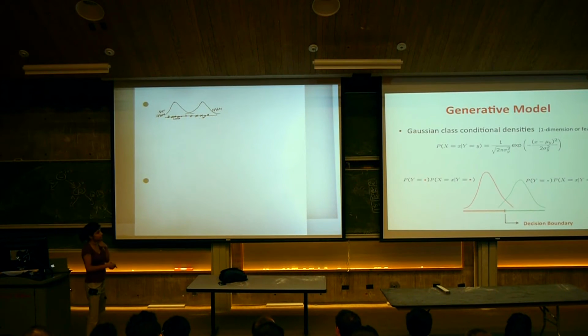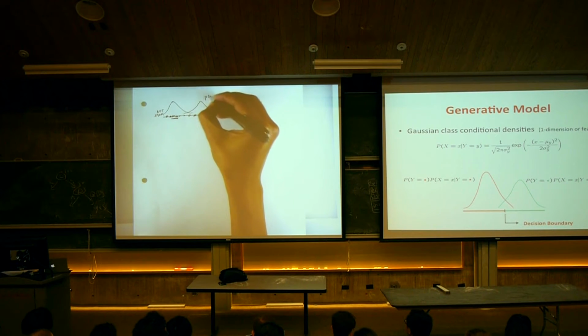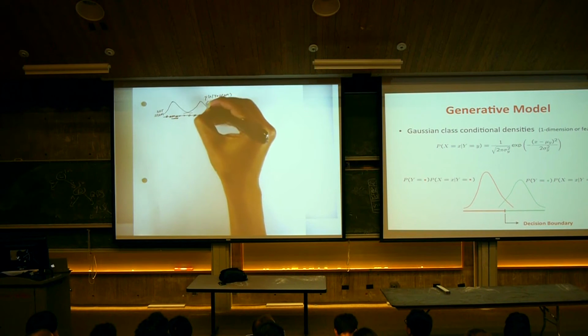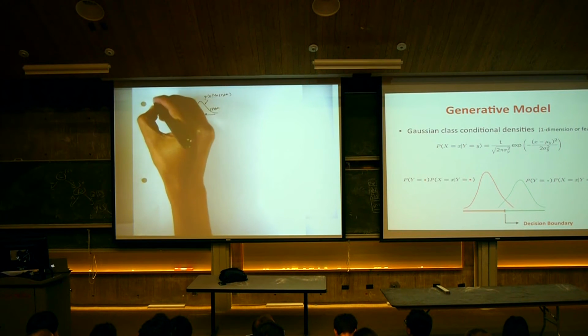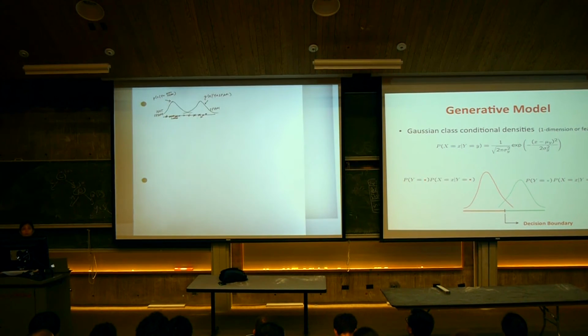So we said last time, suppose there's equal probability of an email being spam or not spam, which is not true, but let's assume that's the case. Then all you have to do is compare this, which is the probability of x given y is spam, which is this curve, to this curve, which is the probability of x given y is not spam, and see where they are equal.